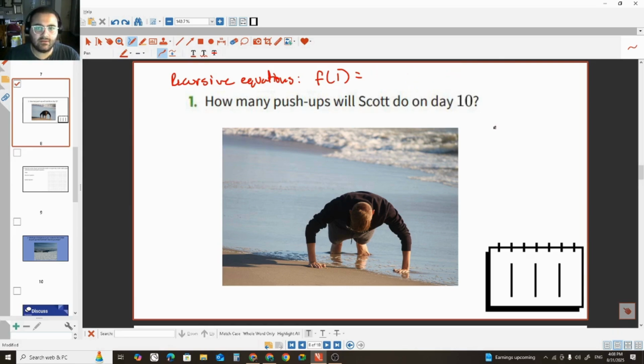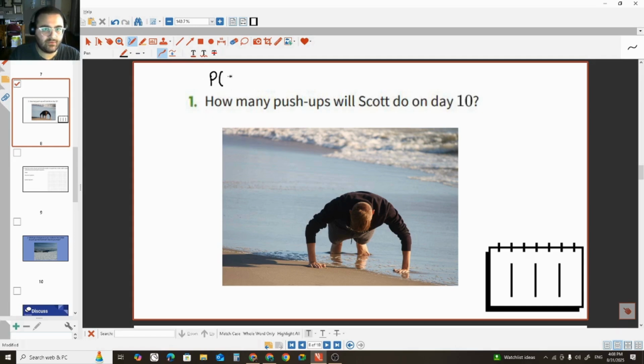Let's use an explicit equation. There's nothing wrong with this method, but recursive just requires a lot of repeated work. You can use a recursive equation to check your work, but I like to gravitate toward using one of our explicit equations. So we can be a little bit more formal.